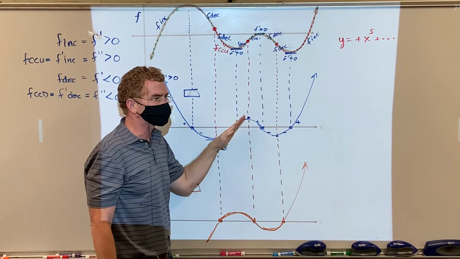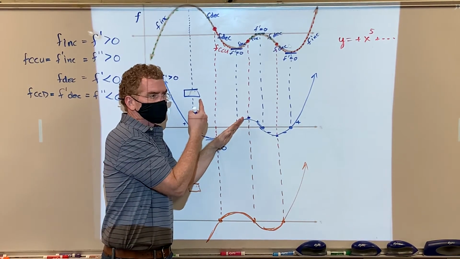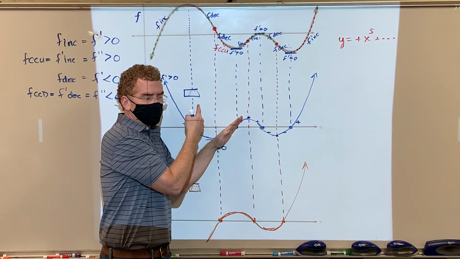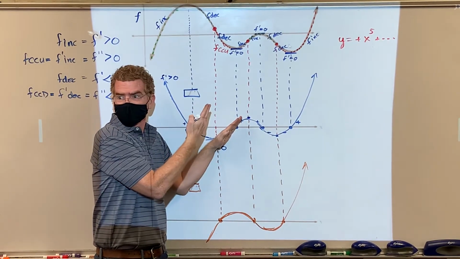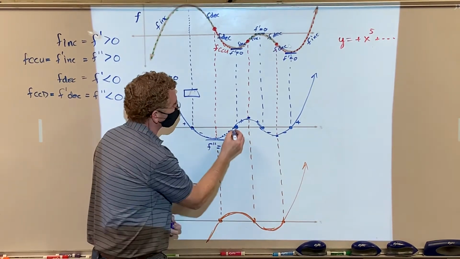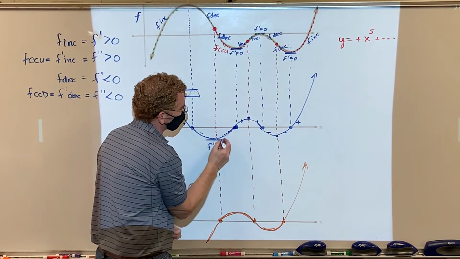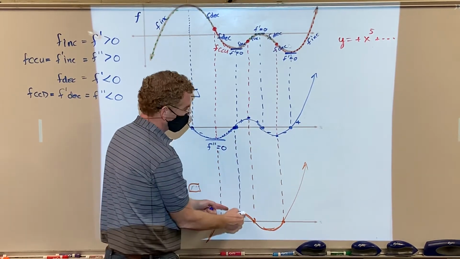So right there, the slope of the slope curve is doing what? Increasing. It's getting bigger. So that would mean the second derivative is getting bigger. So right here, is the second derivative getting bigger? Actually, maybe it does. Hold on. So all the way through to there, is the second derivative getting bigger? Yeah, it's getting bigger.